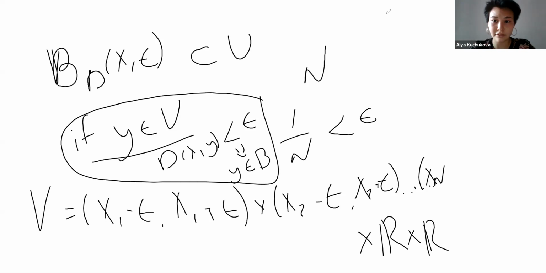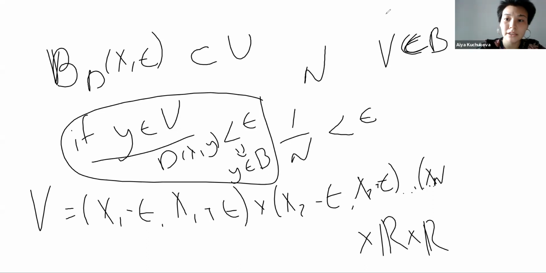So we show that V is actually inside of B. Sorry. Does that step make sense? Because I know it's conceptually complicated. Okay, it makes sense to Theodora.